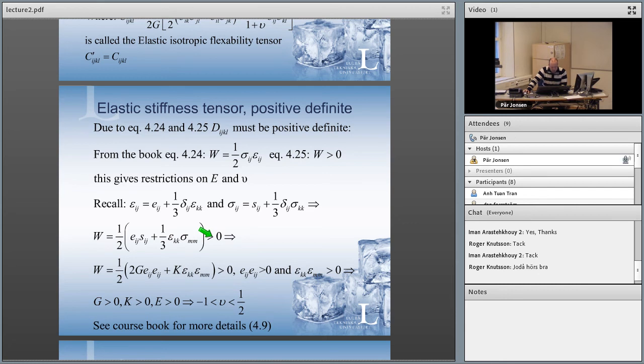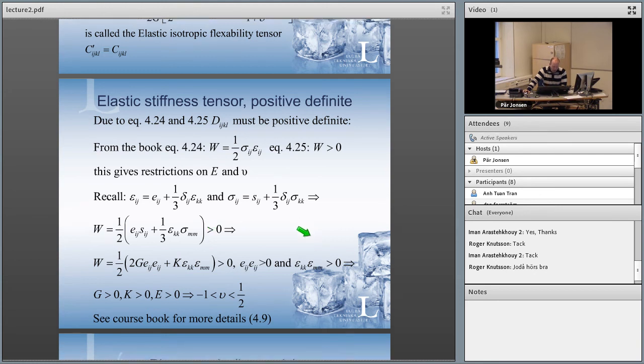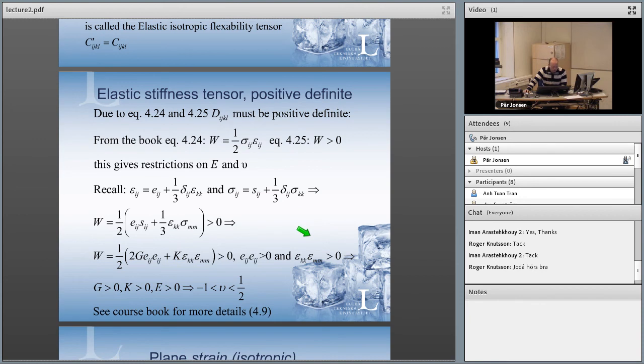But this positive definite and the energy that should be positive all over this framework gives you that the Poisson ratio has to vary between -1 and 1/2. So this is restricting your equations even more. And you can read in the book, you can go further into restricting all these even further. I think it's time for a break.